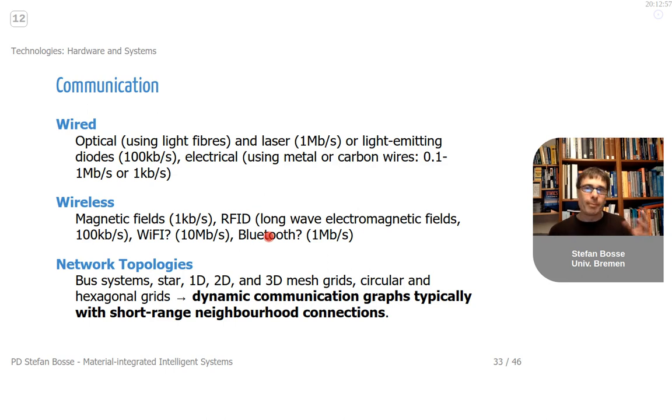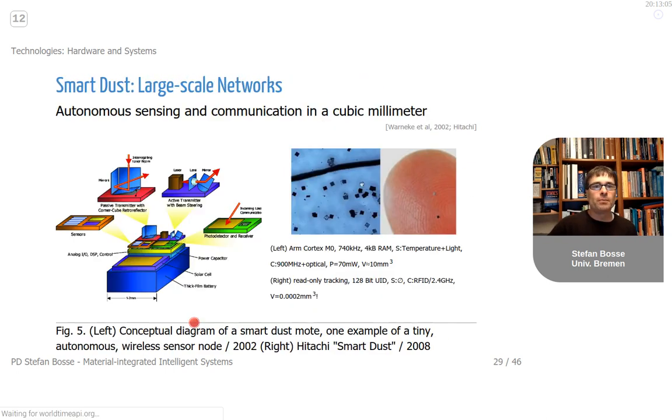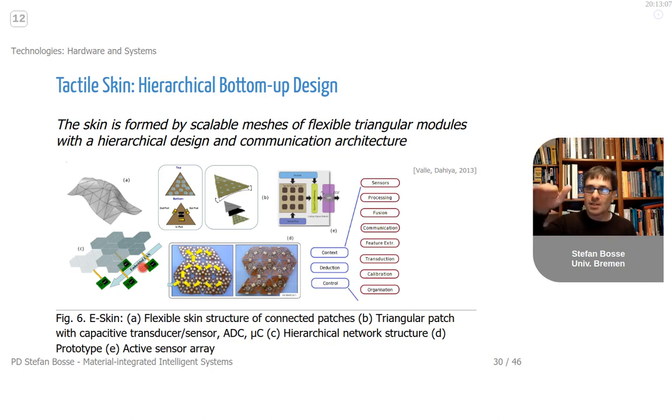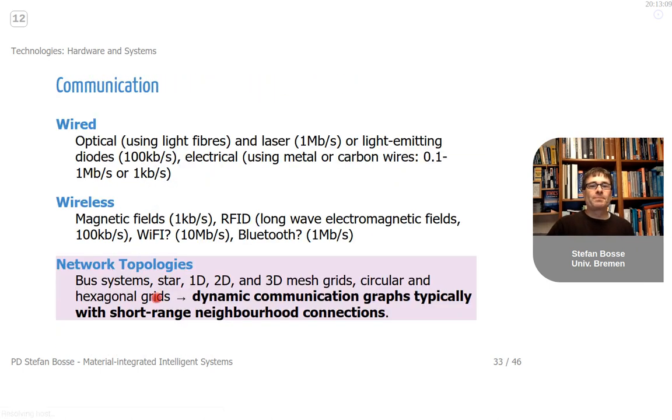Wi-Fi, Bluetooth is questionable in material integrated systems, maybe, maybe not. The network topology is important. Bus systems are used, for example a CAN bus on some level. 1D, 2D, and 3D mesh grids are very suitable for material integrated intelligent systems. But mostly they pose dynamic communication graphs, typically with short-range neighborhood connection. This is very important, and this is good.